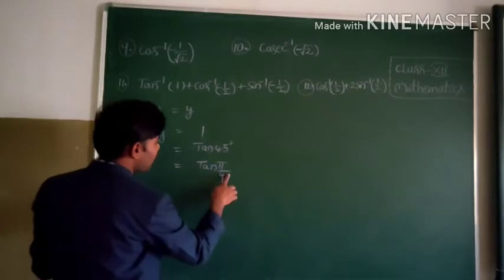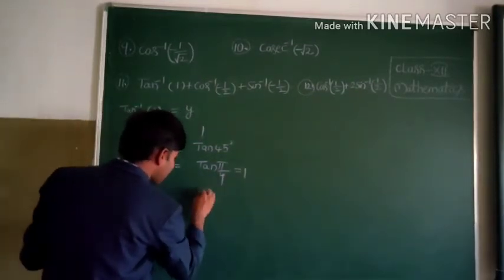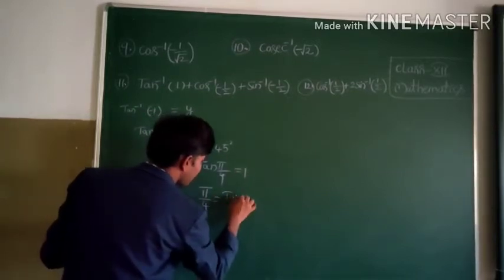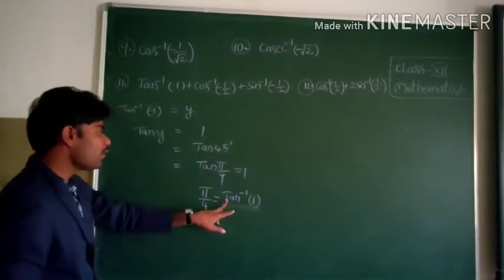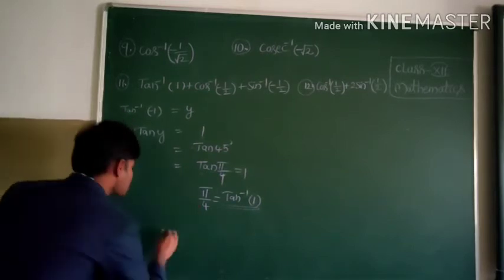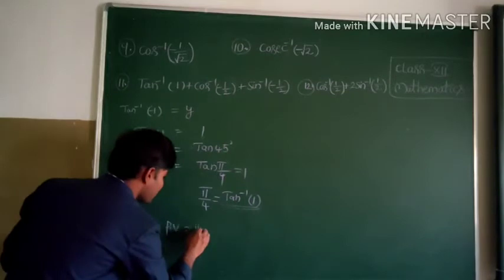So tan of pi by 4 is equal to 1, and the principal value of tan inverse of 1 is pi by 4.